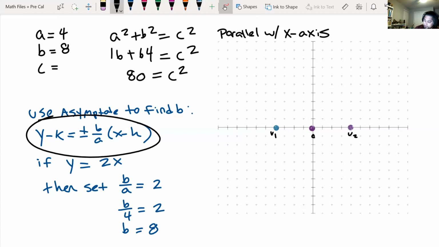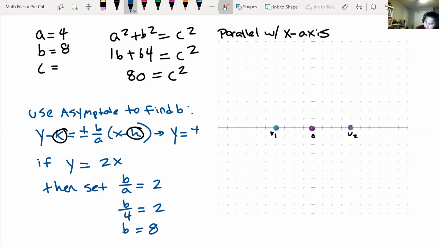But since the center is 0, 0, you're left with y equals plus or minus b over a x. Now, if there's this b over a and there's this 2, could you not set them equal to each other to solve for b? Okay, that's where you got that.